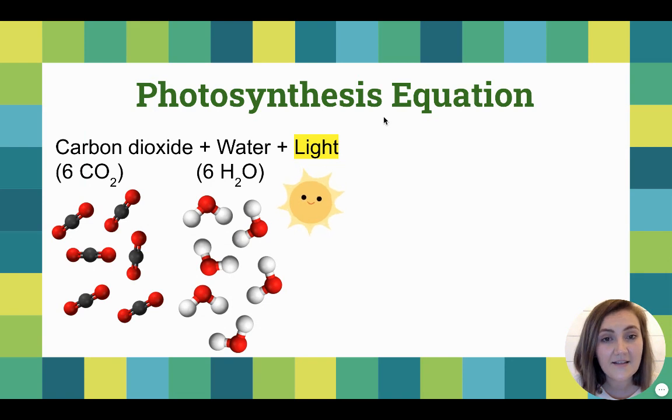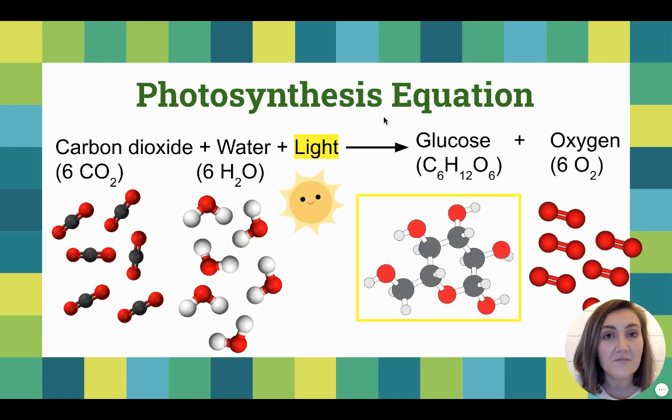Now with these reactants, photosynthesis is able to make these two products. Glucose is the big one. Glucose is the molecule in which we are storing that light energy that the chloroplasts have captured, and that's now being stored in the form of glucose in the bonds. The other product is more so a waste product.